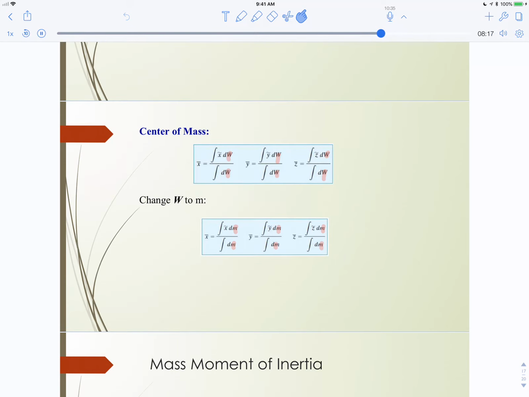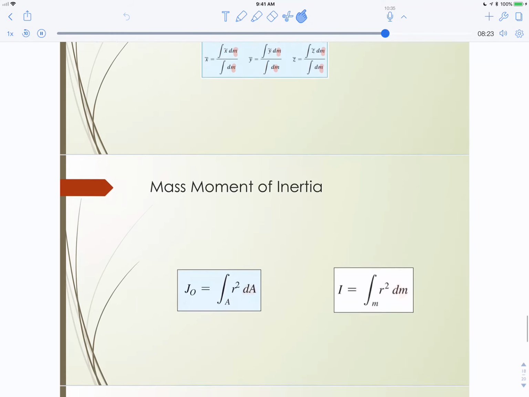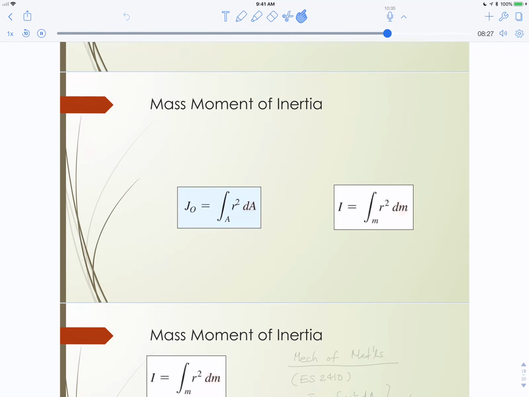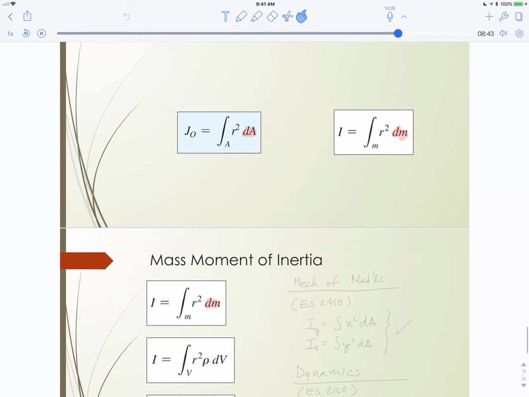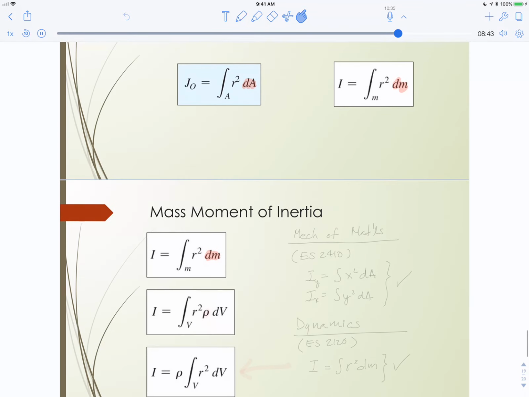Well, similarly, what we're going to do is use something called a moment of inertia. And we had r squared dA, but now we're going to have r squared dm. And very, very confusingly, we're going to call it I, not J. I know this is confusing, but this is the equation for mass moment of inertia, even though it looks like the polar moment of area.